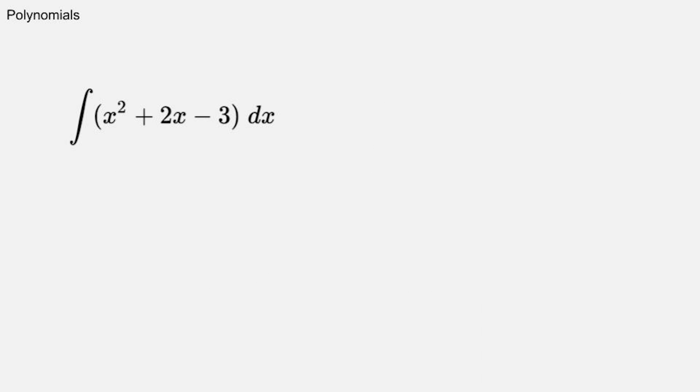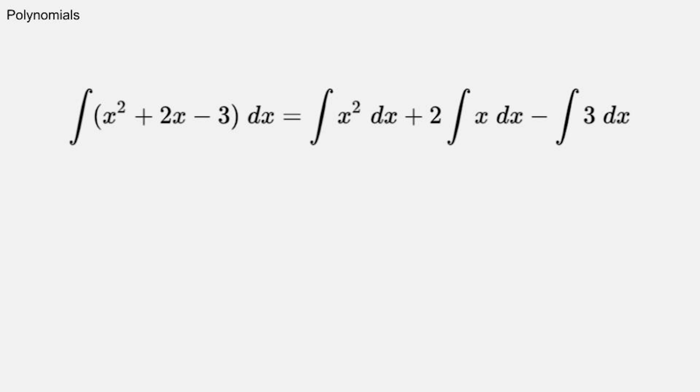Now with just these rules, we can take the indefinite integral of any polynomial, which as you know by now, show up all the time. And as an example, let's take the indefinite integral of x squared plus 2x minus 3, all of that multiplied by dx. And notice that this is a sum and difference of 3 different terms, so I can use the rules from the last slide to distribute the indefinite integral sign to each term individually.